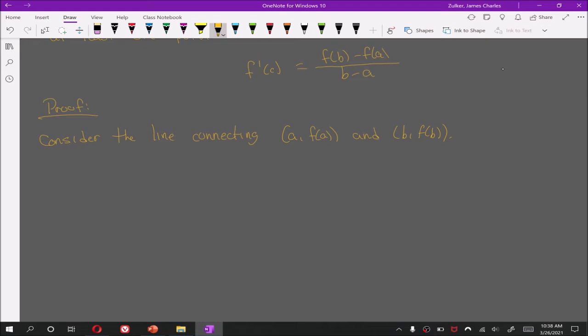Now, since the slope of this line is f of b minus f of a over b minus a, and the line passes through a, f of a, the equation of this line is y is equal to f of b minus f of a over b minus a times x minus a, plus f of a.